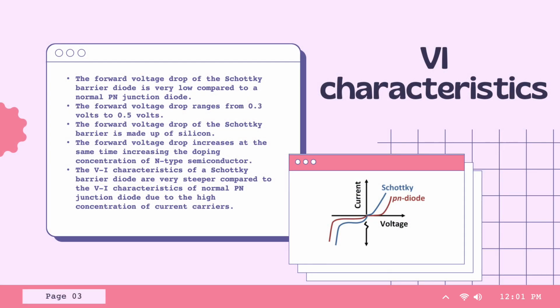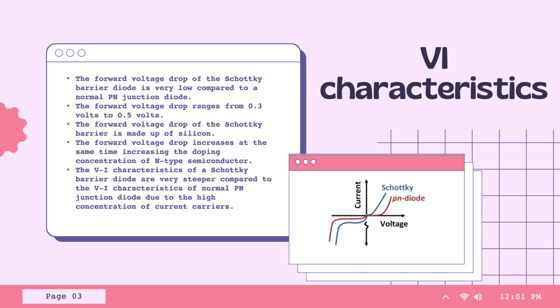Characteristics: the forward voltage drop of the Schottky barrier diode is very low compared to a normal PN junction diode. The forward voltage drop ranges from 0.3 volts to 0.5 volts. The forward voltage drop of the Schottky barrier is made up of silicon.